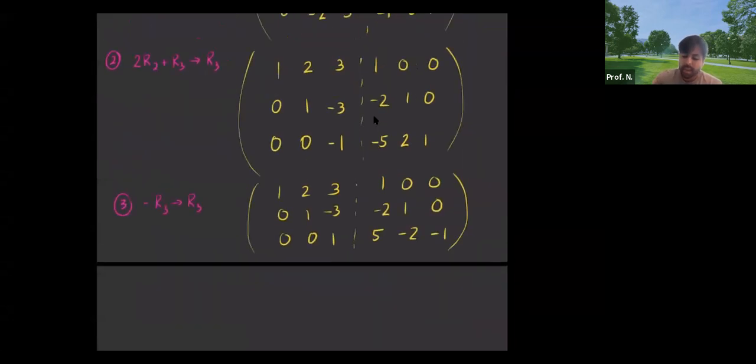And now I want to eliminate everything above the ones on the diagonal since I have all 3 pivots. So let me do that.